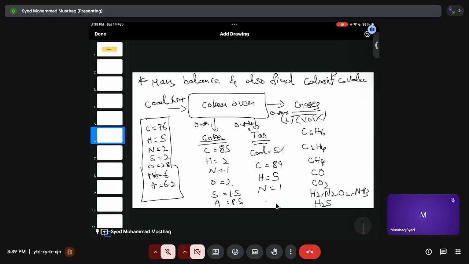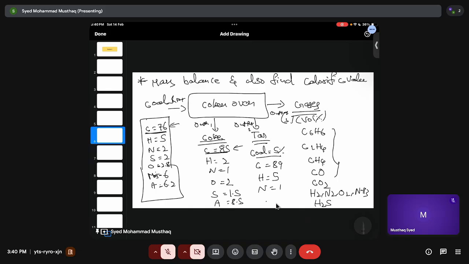For example, if I know the amount of carbon initially there, and the carbon finally remaining, then if I talk about carbon, I need to consider all the carbon compounds here, right? Or you can also take a single one, the amount of carbon from which you can get this much coke.